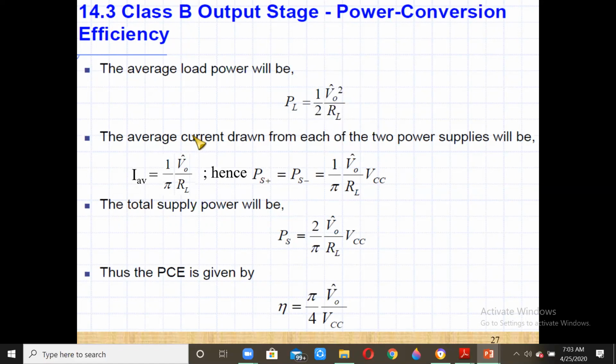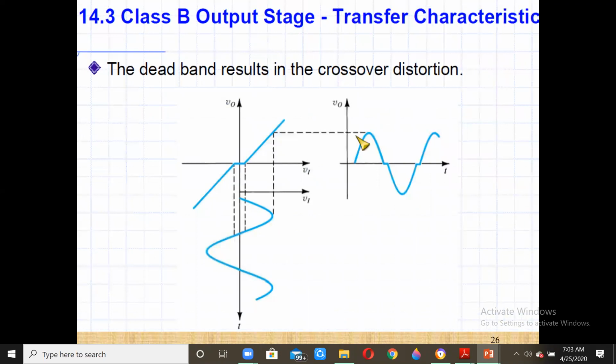The average current drawn from each of the two power supplies corresponds to the following. The plus VCC is the power supply from which this current is drawn, and minus VCC is the one from which this portion of the output voltage and the corresponding current come.